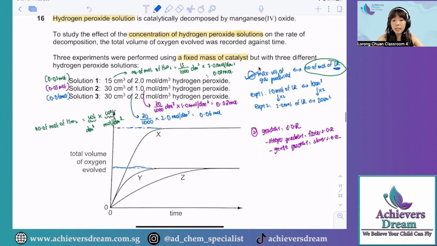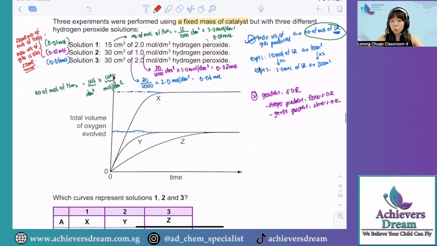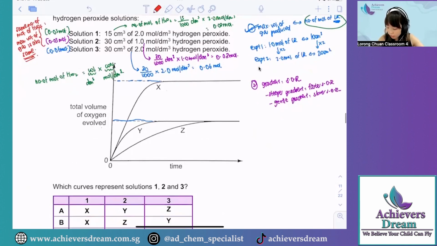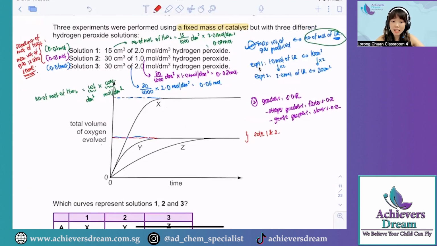If you look at solution 1 and 2, you realize that they both have the same number of moles of limiting reagent H2O2, which means that the maximum volume of gas produced for solution 1 and 2 is also the same. So when you look at these 3 curves, X, Y, and Z, I can deduce that Y and Z belong to solution 1 and 2 because they have the same maximum volume of gas evolved.